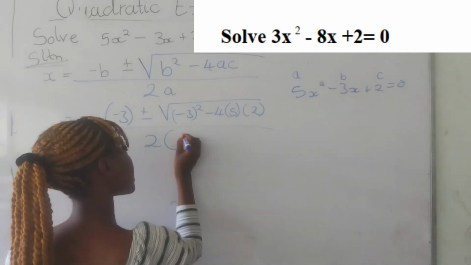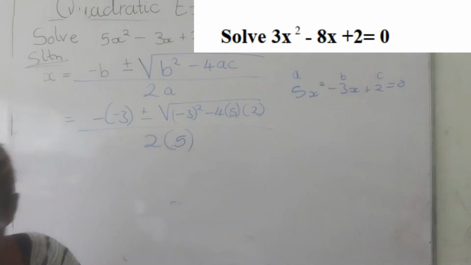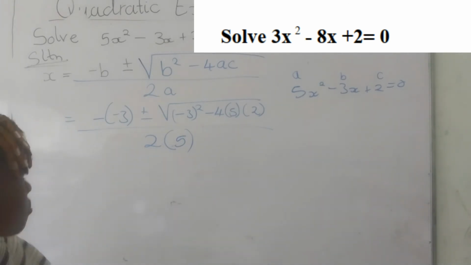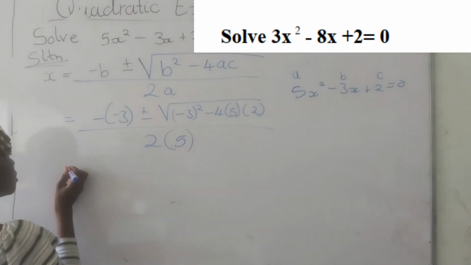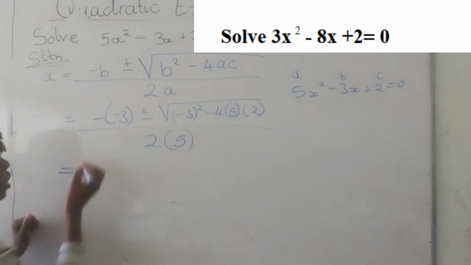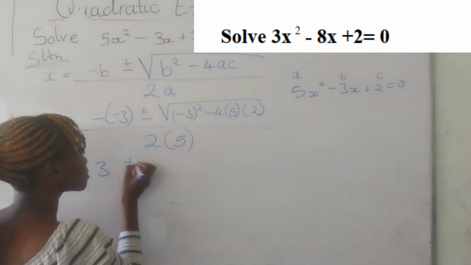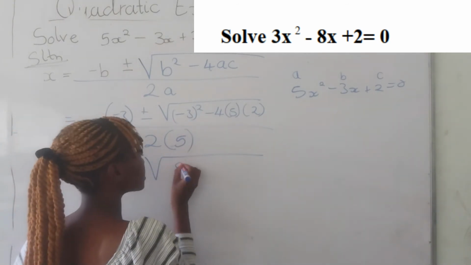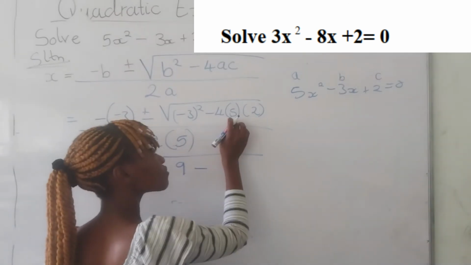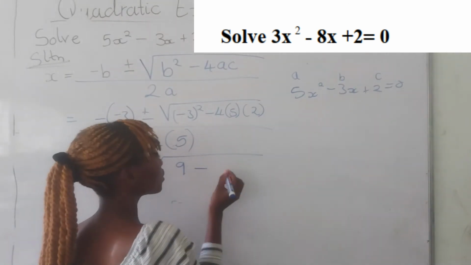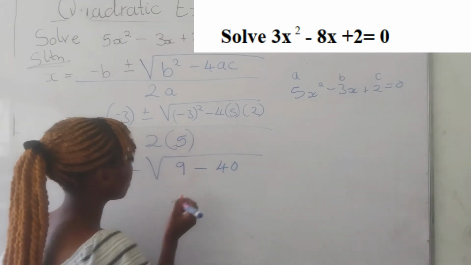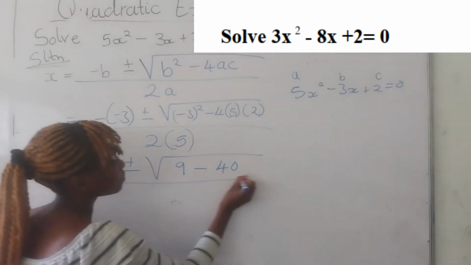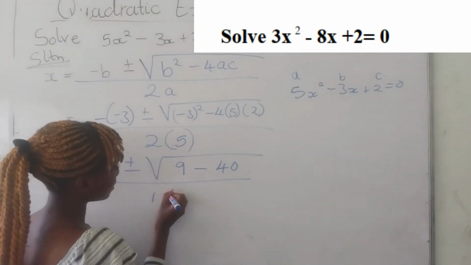What's a? It's 5. Okay, so a is 5, guys. We simplify. Equals to 3 plus or minus root of 9 minus 4 by 5, 20, 20 by 2, 40. We simplify, we get 10.